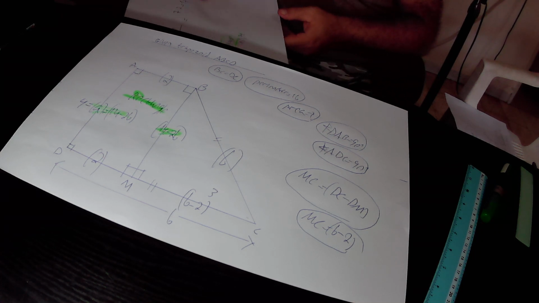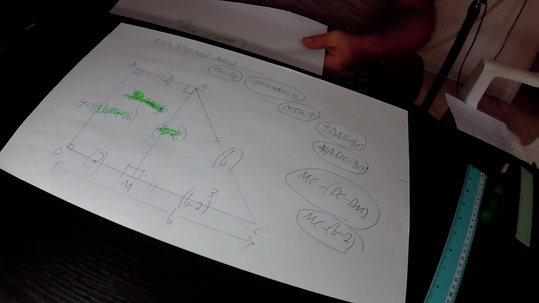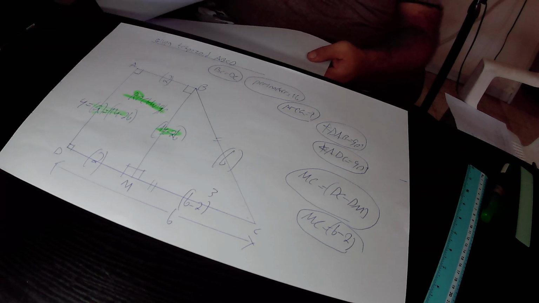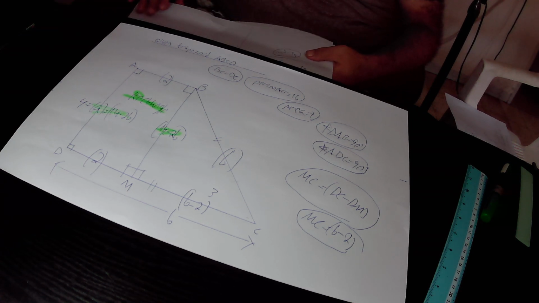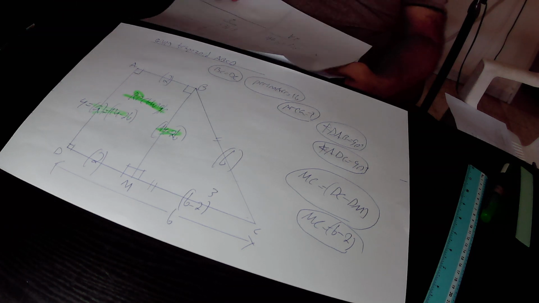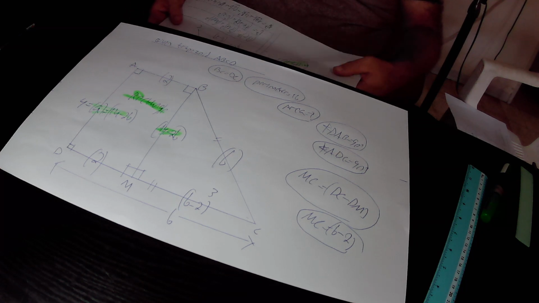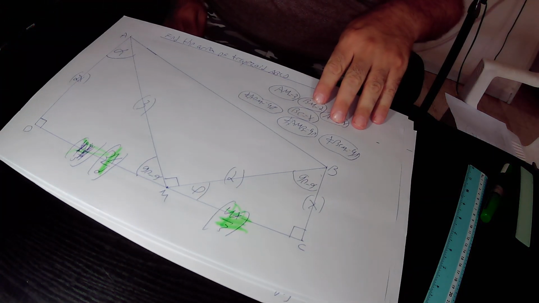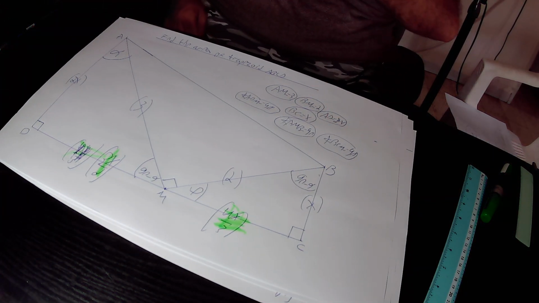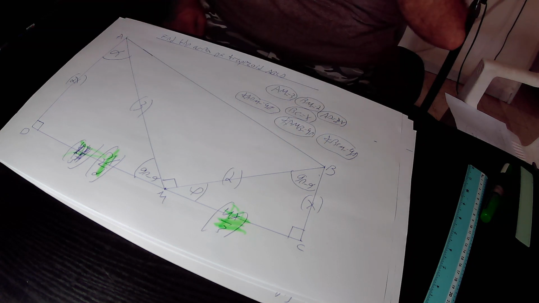In the next step, I presented to you the second question, and you solve the second question of this lecture. Our mission in this second question is to find out the area of this trapezoid ABCD.